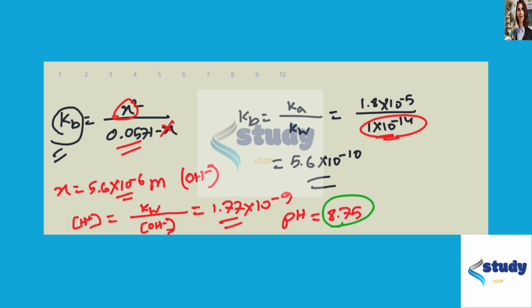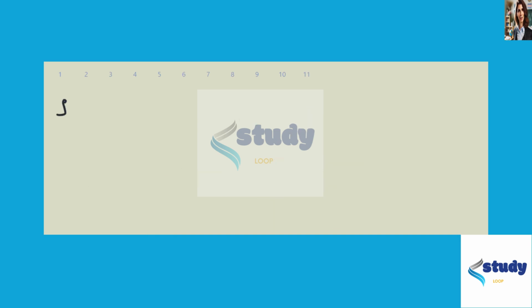And finally, we have to calculate or find the pH after adding 5 ml of base beyond the equivalence point. So for this part, we have to first know the number of moles for 5 ml sodium hydroxide.